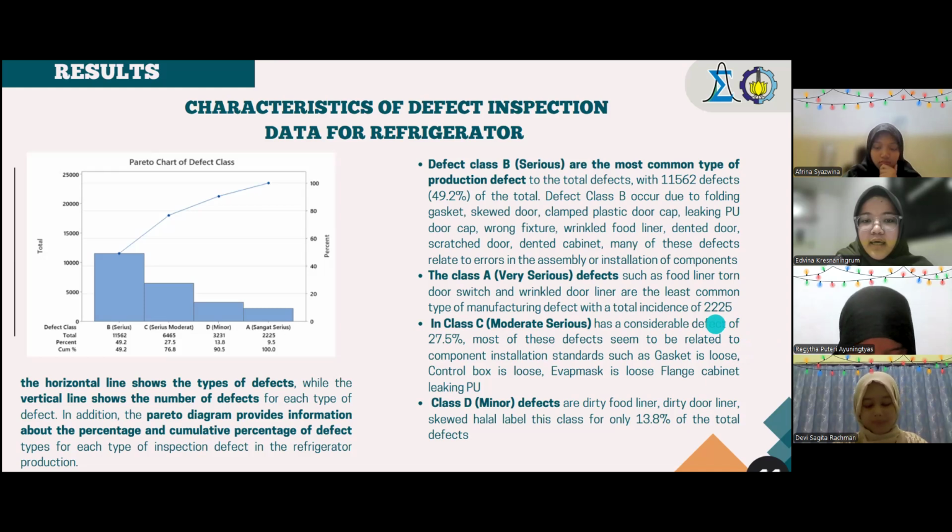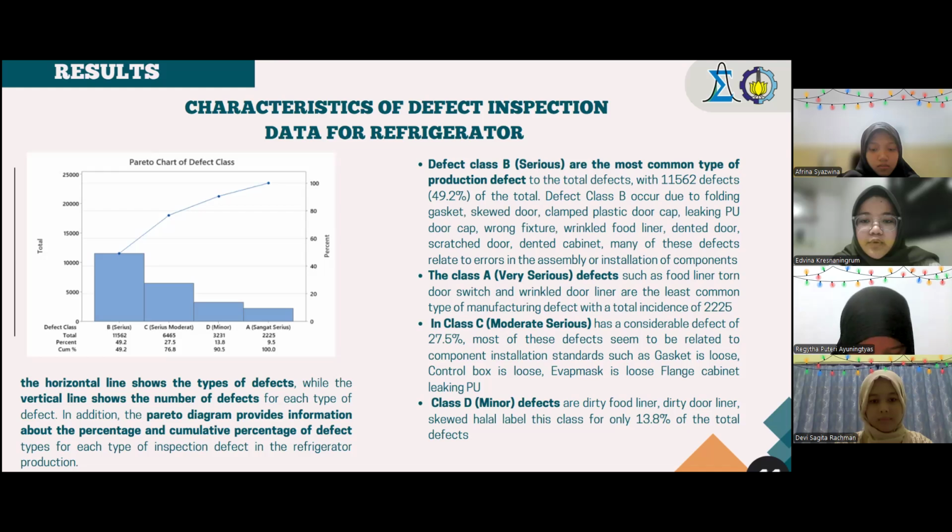Second, the class A or very serious defects, such as foot liner, torn door switch, and ring door liner, are the less common type of manufacturing defect, with a total incidence of 2,225. Then class C or moderately serious has a considerable defect share of 27.5%.